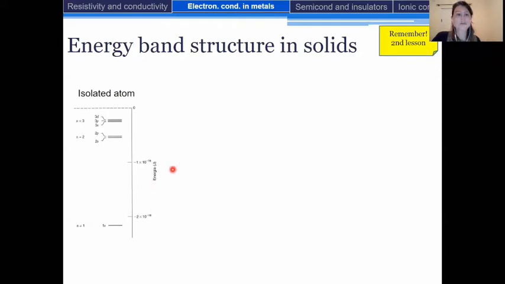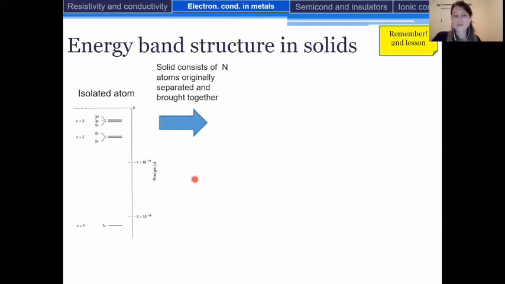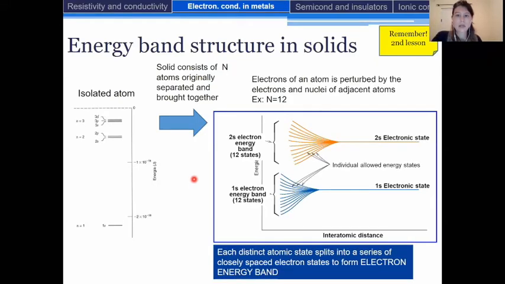They are composed of many of them. So a solid consists of n atoms, originally separated and brought together in order to form bondings. In this graph are represented the different energy levels as a function of the interatomic distance.